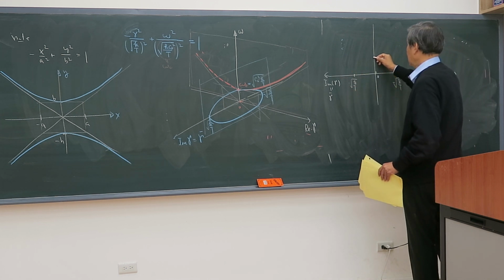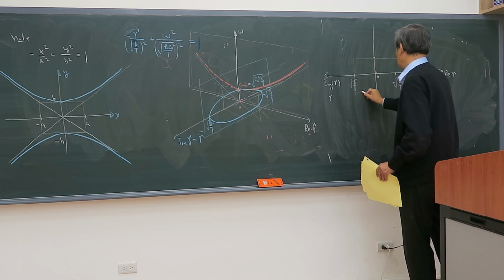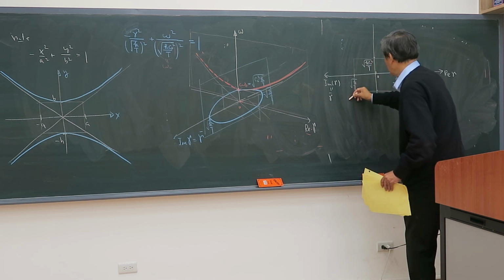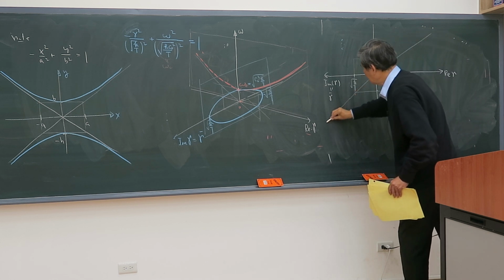And this is the square root of K C0 squared over T. Same thing. And this is an approximate asymptotic curve.